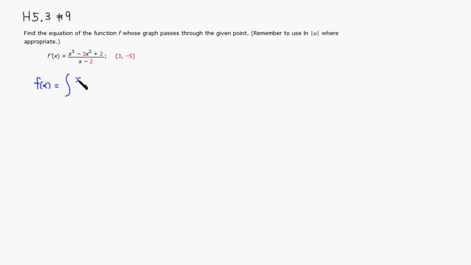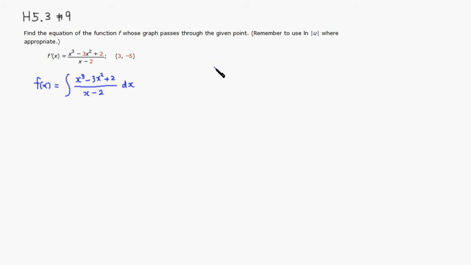derivative, so x cubed minus 3x squared plus 2 over x minus 2 dx. Then to simplify that, we're going to use long division, so let's try that.